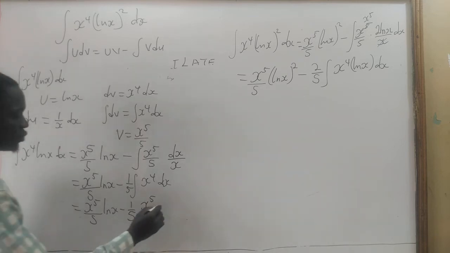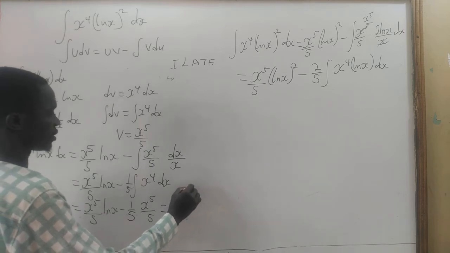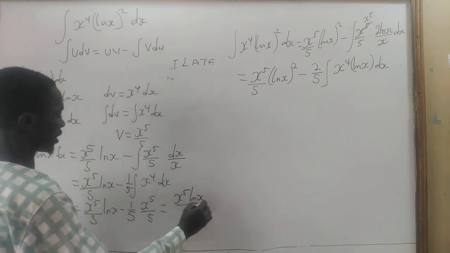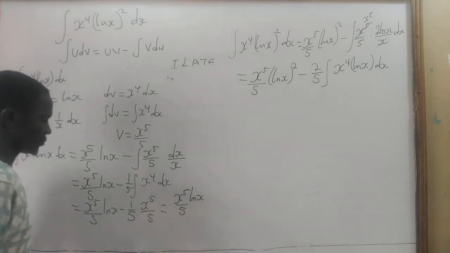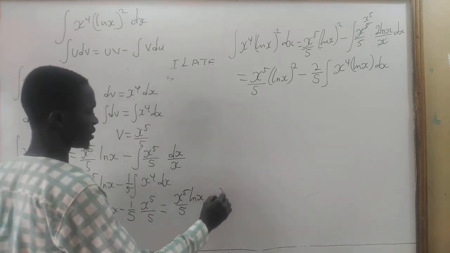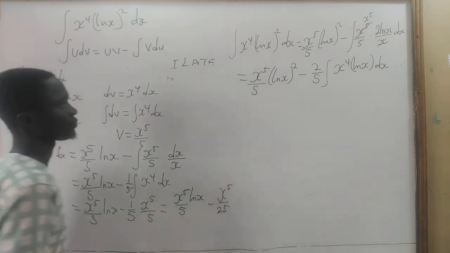So this will give us x to the power 5 times natural log of x divided by 5 minus x to the power 5 divided by 25.